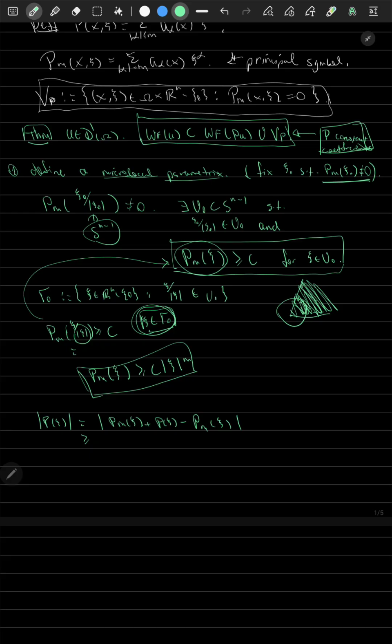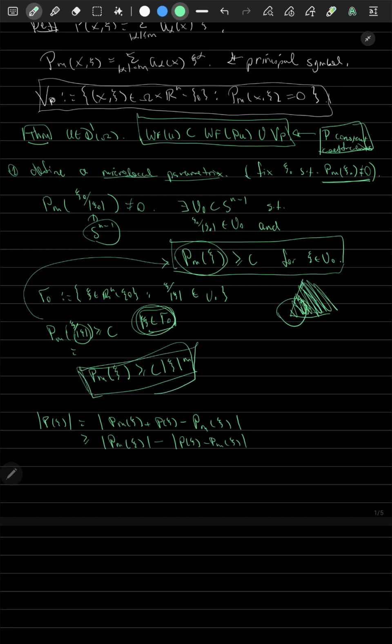So that's the same thing, but this will make our life easier, because now we can write this by the reverse triangle inequality. And great, so now we're in a position to start bounding this.